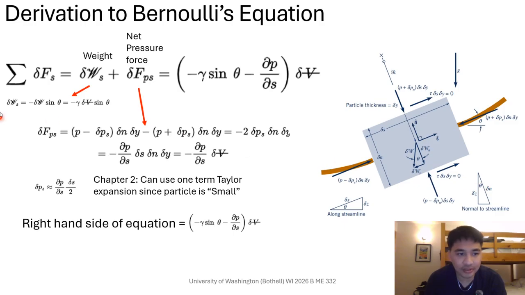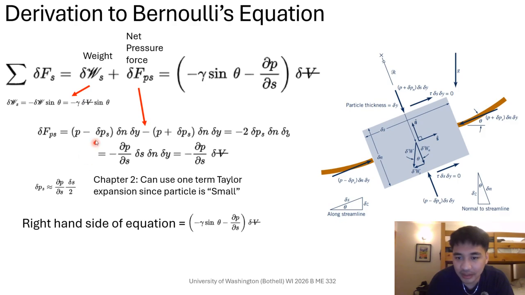sine opposite over hypotenuse. And this is equivalent, if you do the units and the dimensional analysis, to your specific weight times the change in volume, still in the sine theta direction. Okay, and now we're adding our net pressure force, which is the pressure forces applied to this particle. So here we have, we're going to try to map this out here.